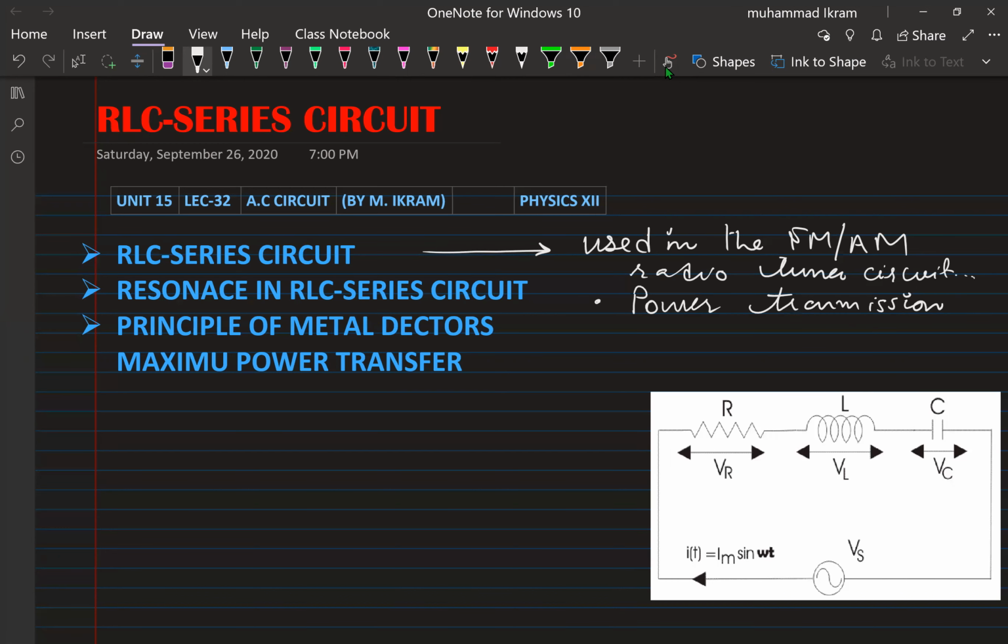They are also used in transformers to avoid sudden fault currents. This is why it is very important to study such circuits.